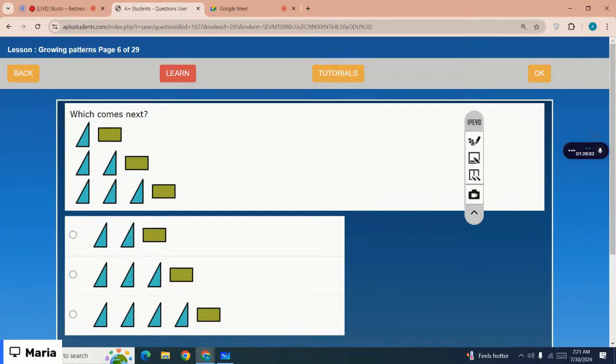Which comes next? Which is the correct option? Option 1, 2, 3.